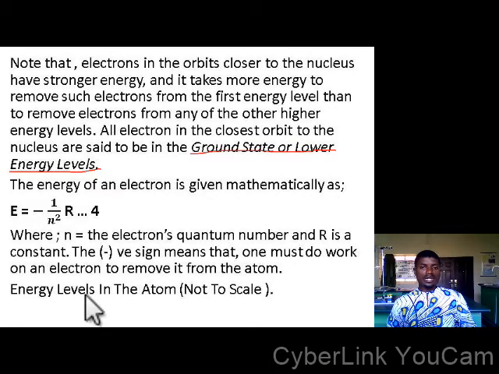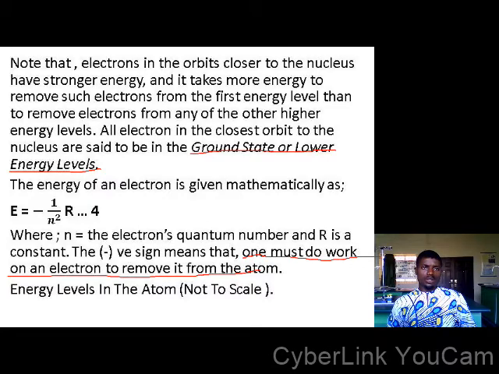The energy levels in the atom are not to scale. So please, I want you to take note of this negative sign here, that one needs to do work. We shall be using this statement when we are discussing photoelectric effects and also Albert Einstein's equation of photoelectric effects. So take note of this particular section.